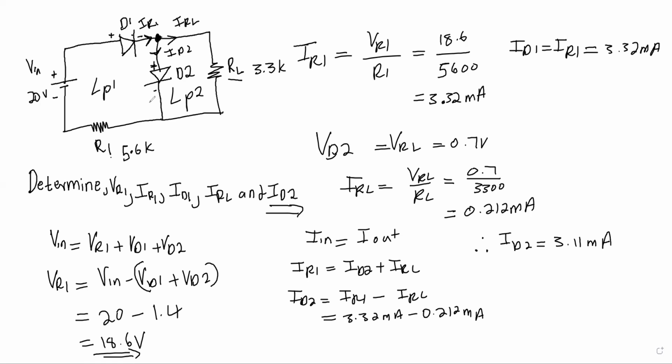You must know if a diode is in forward bias or reverse bias, and what to do. I've uploaded two videos based on diodes and applications, where I explained how we ignore that 0.7 and how we consider it. This is just an exercise, and that's it for today's video.